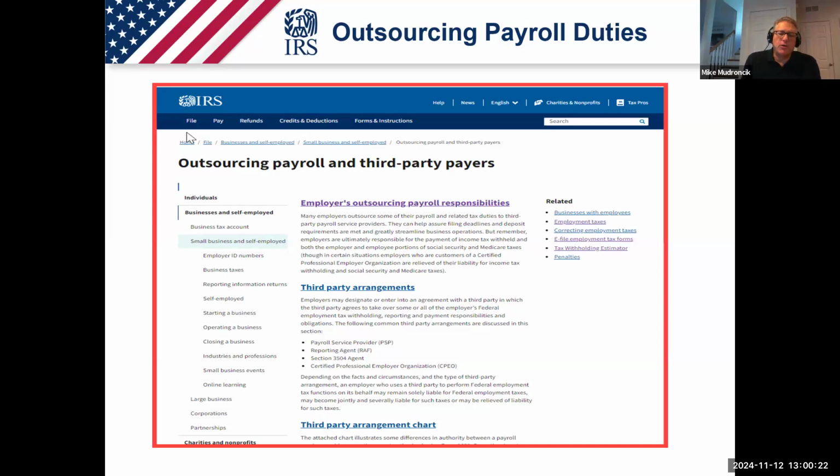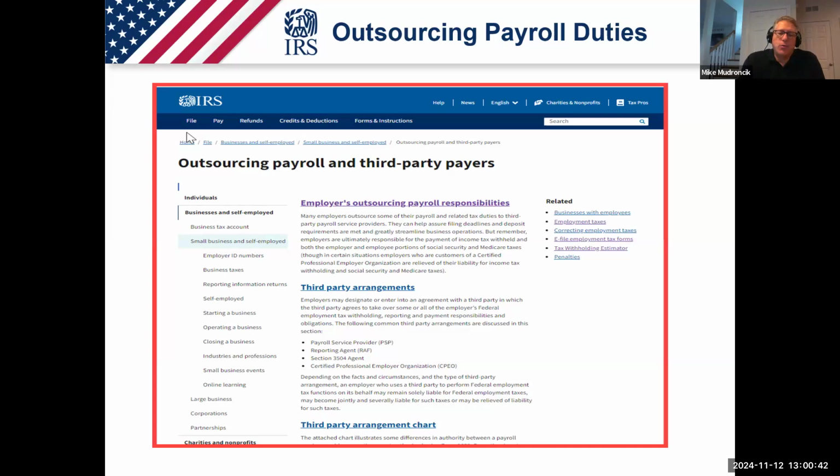Third-party arrangements, and there we're talking about the payroll service providers and the different types of options that you have there. You see the 4 bullet points. And you can see barely at the bottom there, a third-party arrangement chart.